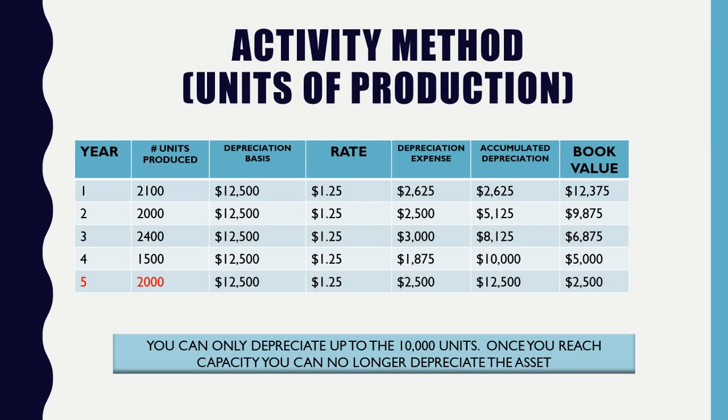So at that point, you don't recognize the expense at all. You just keep those extra items, but however, in your books, this must hold true. You must stay at salvage value unless you decide to revalue your asset.